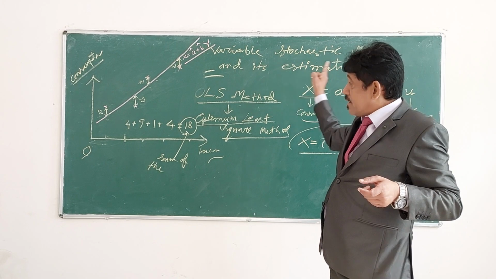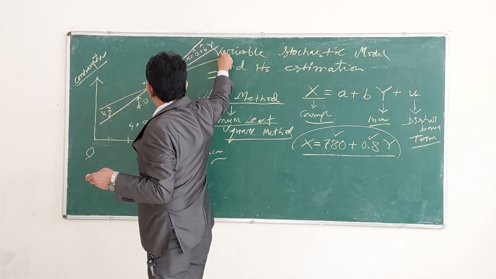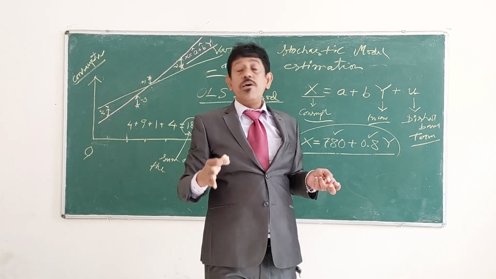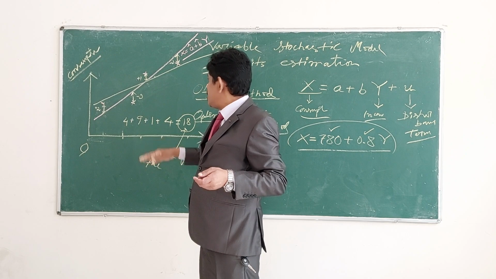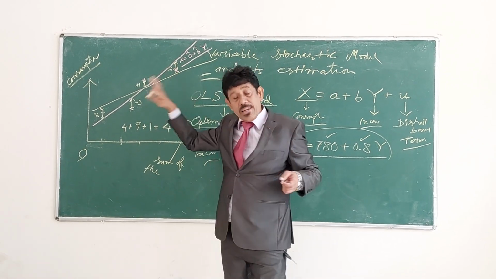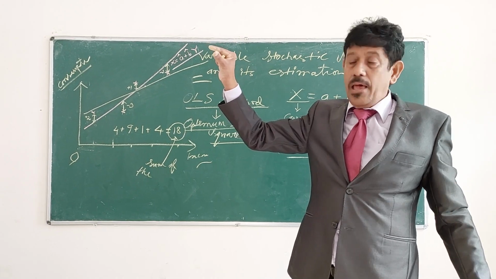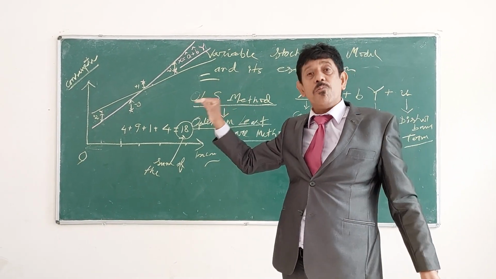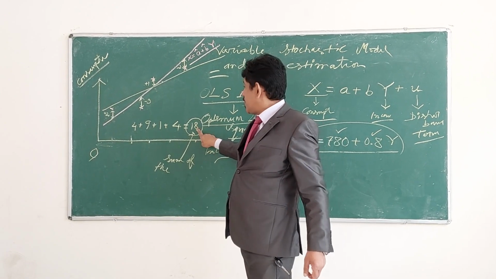So if we take another line, let us suppose this is another line, someone may question why we have selected this line and not this one. The answer is that from that line also there will be some sum of squares of deviations, and for that line the sum of squares of the deviations will be greater than 18.